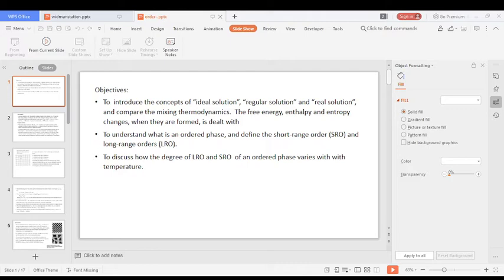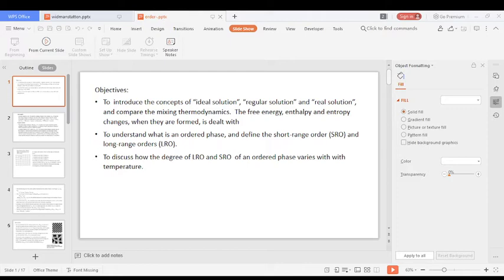For an ideal solution, PAB, that is the number of AB bonds, is equal to N0, the Avogadro number, into Z. Z is the number of bonds per atom, multiplied by the mole fractions of A and B, that is XA and XB. So consequently, we have the number of AB bonds equal to N0 Z XA XB, where N0 is the Avogadro number.